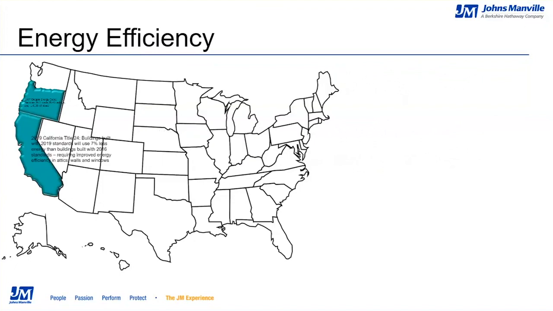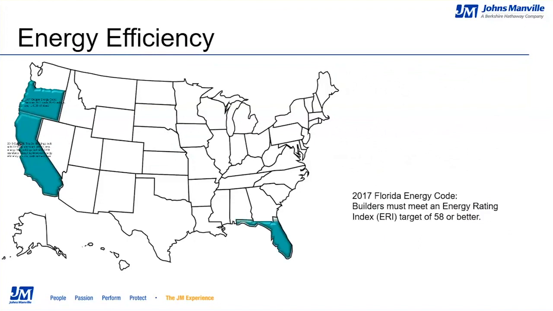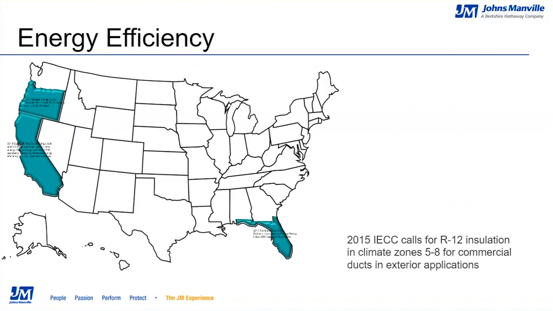In Florida, the 2017 Energy Code requires builders meet an Energy Rating Index, or ERI, target of 58 or better. And globally, the 2015 IECC, or International Energy Conservation Code, often the guideline for individual state energy code updates, calls for R12 insulation in climate zones 5 and above for commercial ducts in exterior or unconditioned spaces.